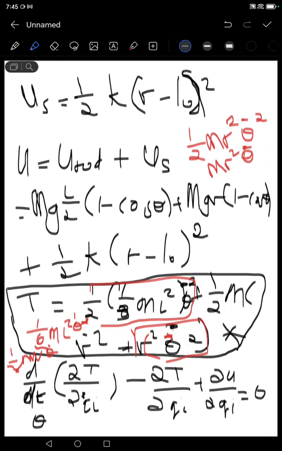From our kinetic energy equation, we only have theta dot, we don't have only theta, so it's going to be 0. Do you get it?